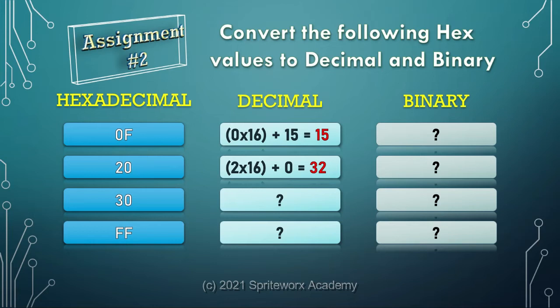Now for question number 3, we have a similar looking number, which is 30 in hexadecimal. So in this case, we have 3 multiples of 16, and to that we add 0. So 3 times 16 gives us 48. So now we have 3 times 16, which is 48, plus 0, which gives us a total value, of course, of 48.